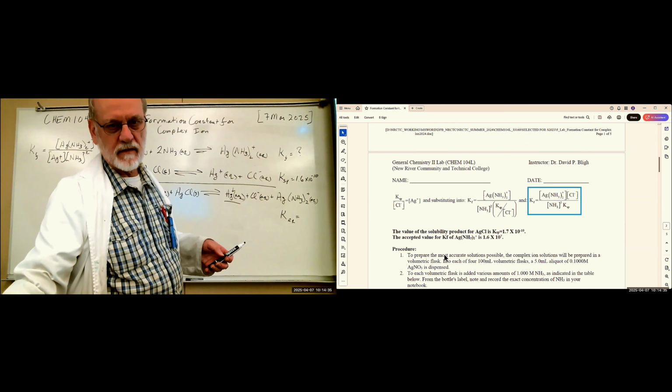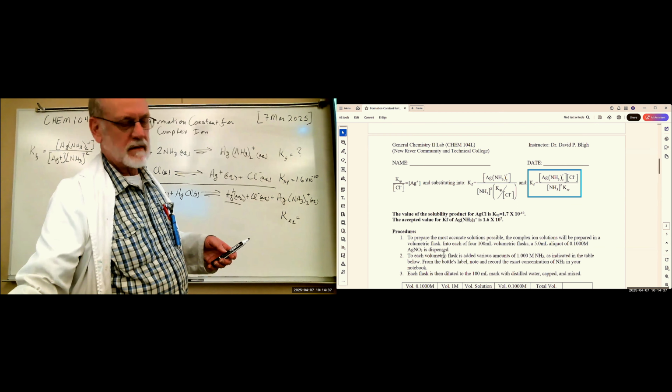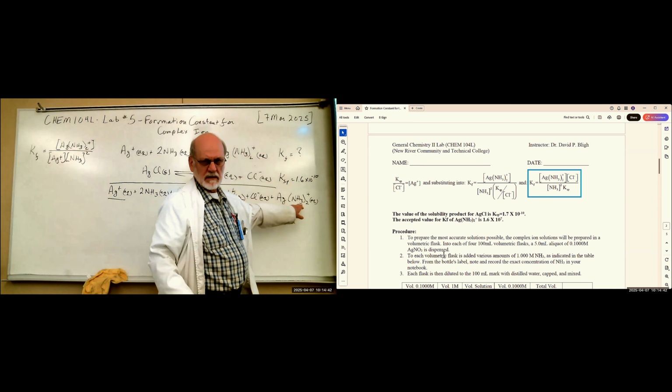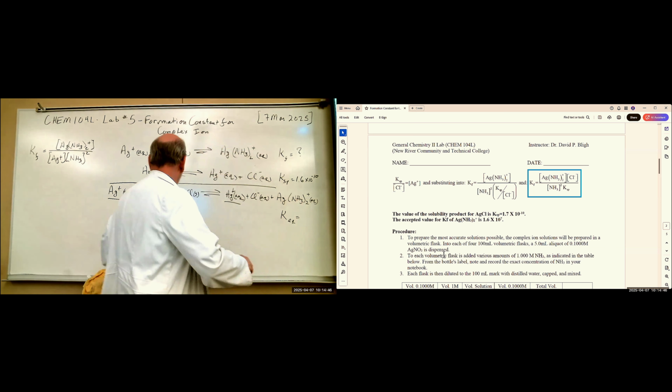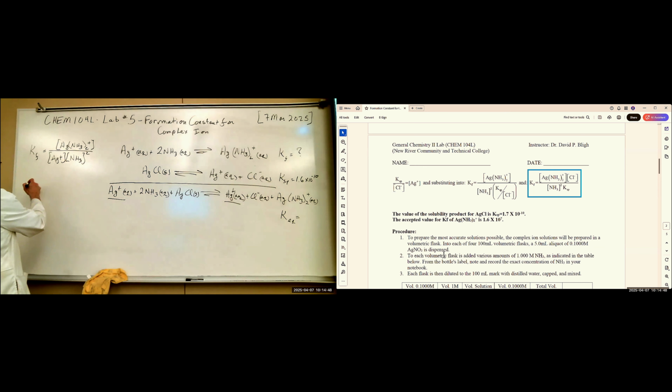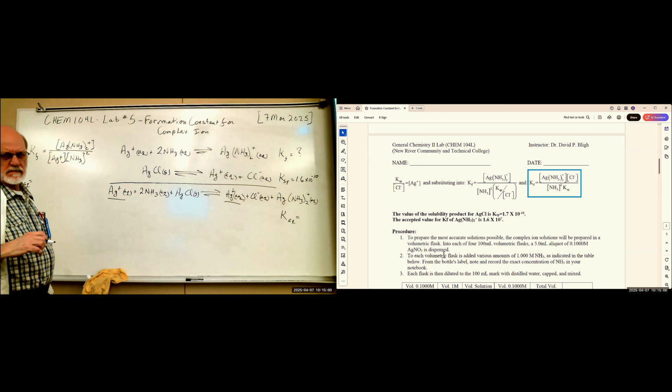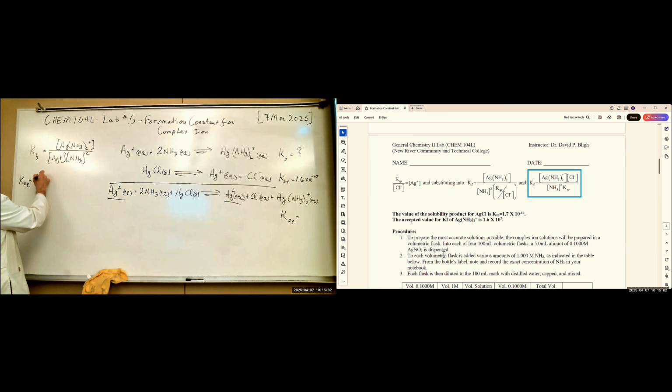I think I've got that here. Yeah. So let's write out that KEQ for now. All right. So we've got chloride ions and the complex ion.